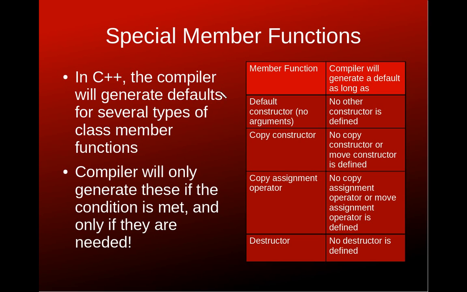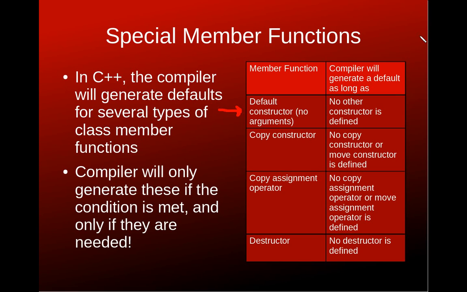So, namely for the default constructor, which is the constructor taking no arguments, no other constructor can be defined by the user. It's important to note that this is because maybe you have a class where you want it to be constructible but only with some mandatory arguments.